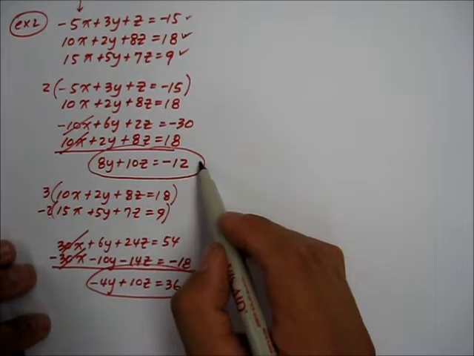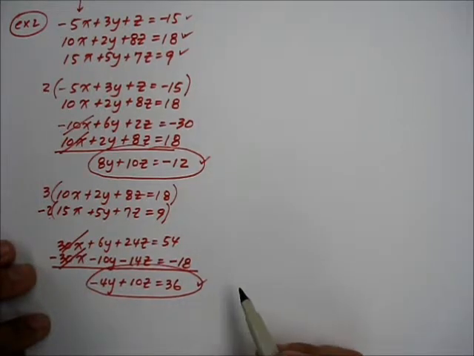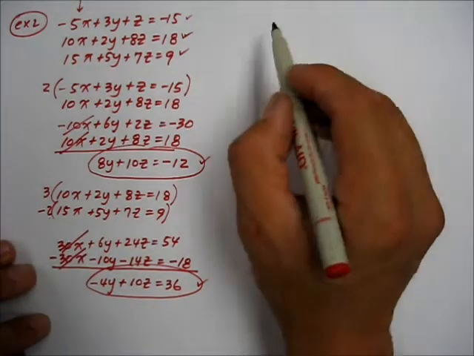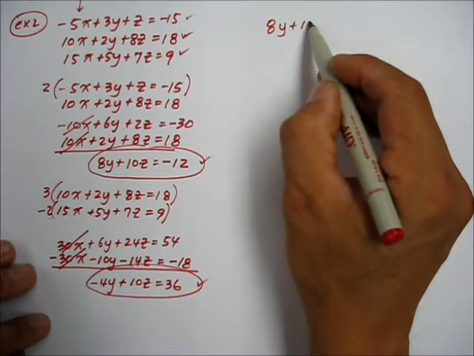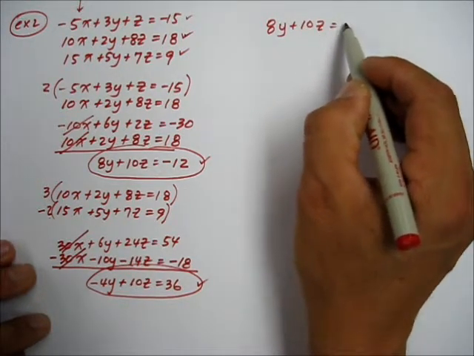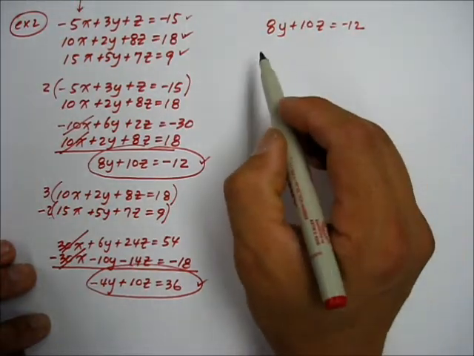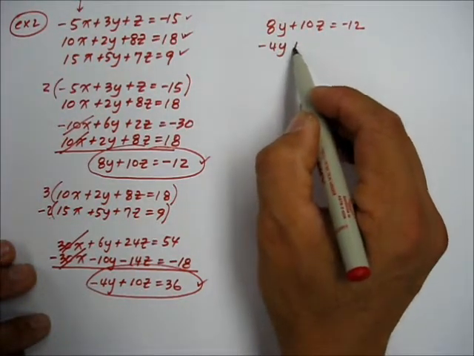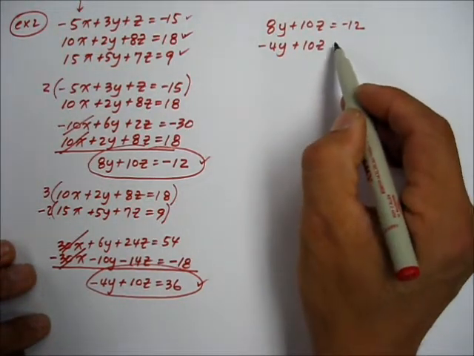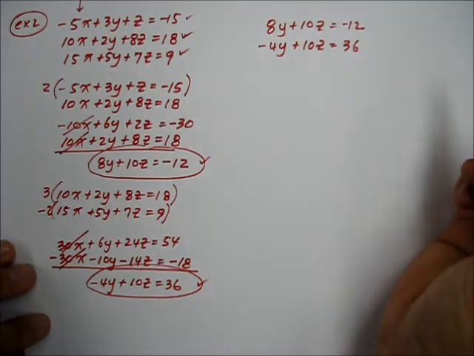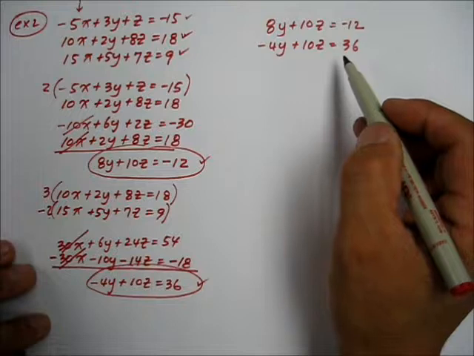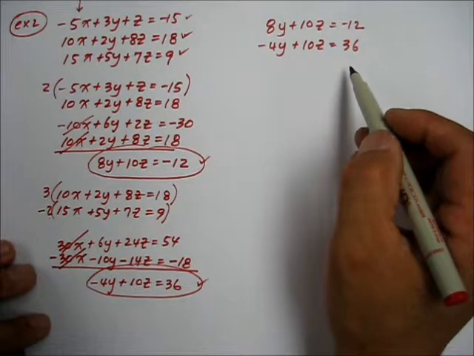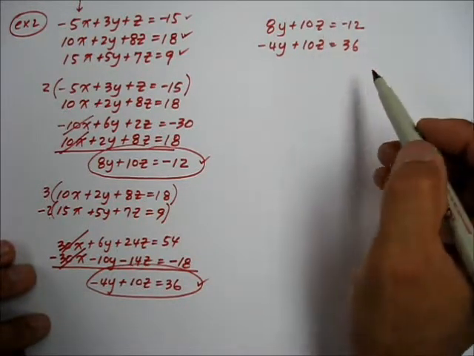So now I'm going to take these two equations and solve them like the regular systems of linear equations that we have done in the past in Algebra 1. Look at this, this is interesting. Their 10z's are identical. So to cancel them out, all I have to do is make one of them into a negative.